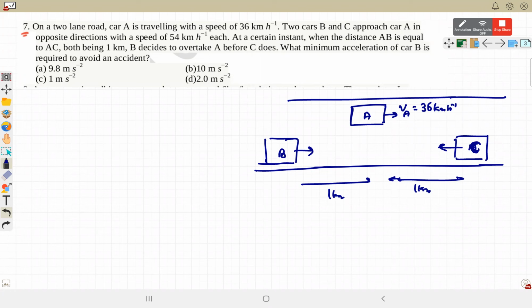Understood the question? They both are moving at the speed of 54 kilometer per hour. So if we convert into meter per second, we multiply by 5 by 18, and 54 kilometer per hour means 15 meter per second.